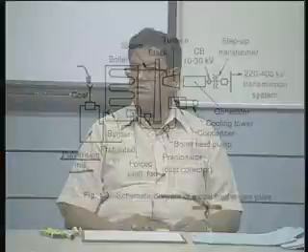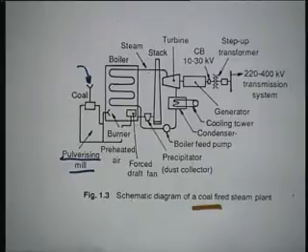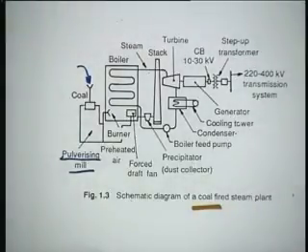Before we talk more about these gaseous pollutants, let me tell you about solid pollutants. What is a solid pollutant in a thermal power station? Ash. Why do you have ash? If you burn anything, naturally you are bound to get ash. Now, unfortunately, the quality of Indian coal is not good.